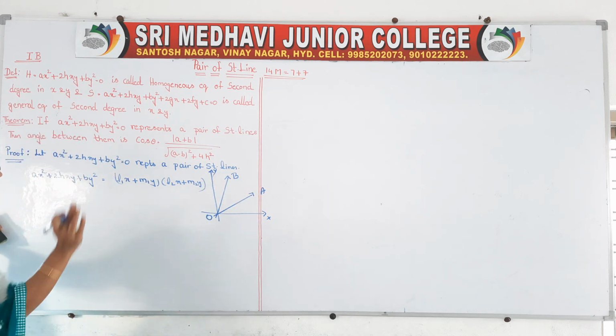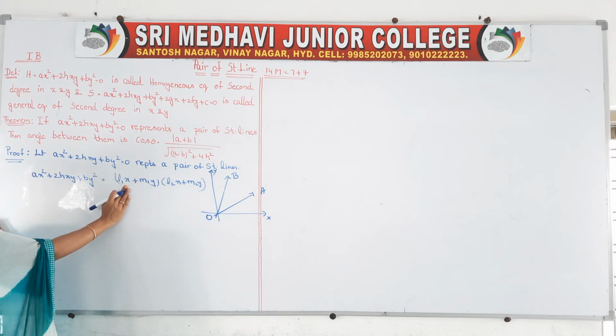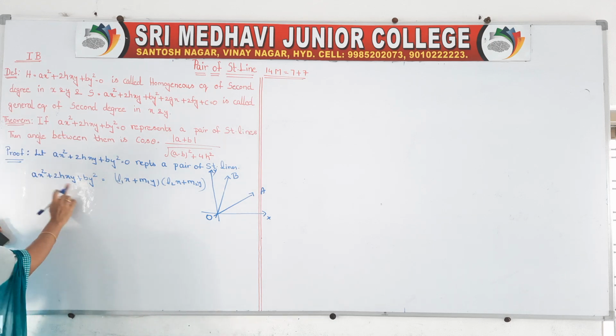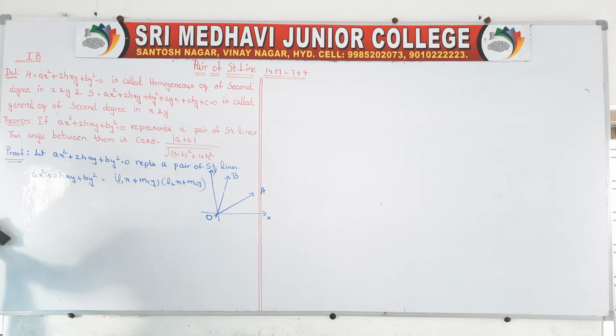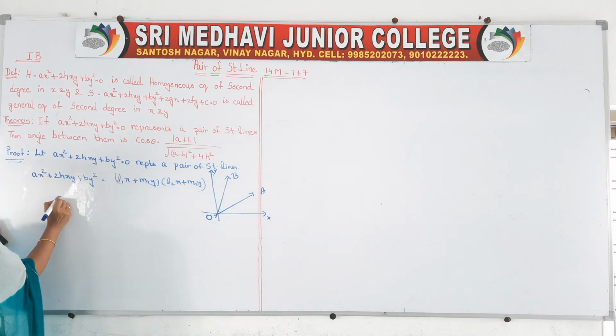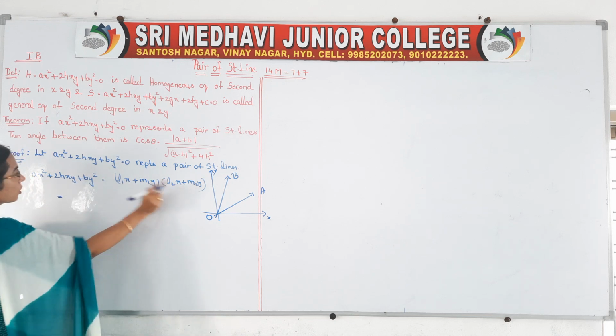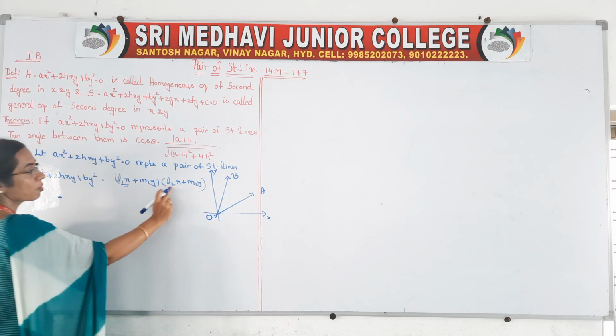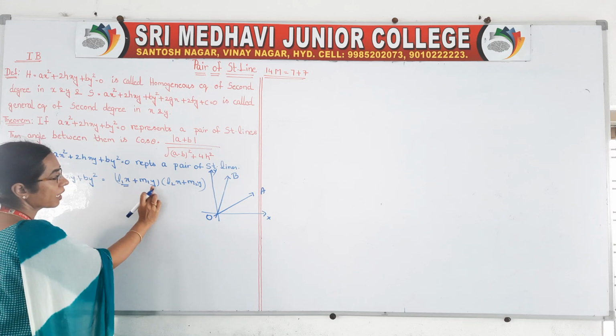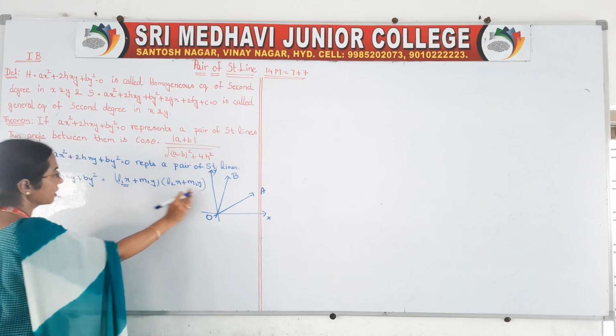Now multiply these two equations and equate the coefficients of like terms on both sides. So what happens? L1x into L2x. First with L1x multiply these two, next M1y multiply these two.